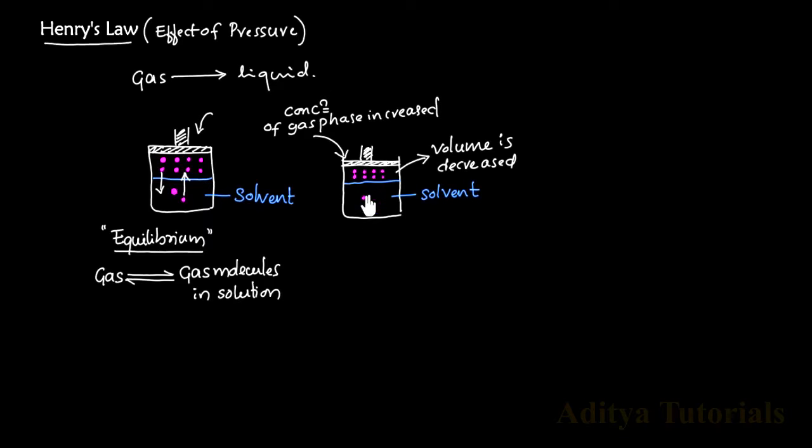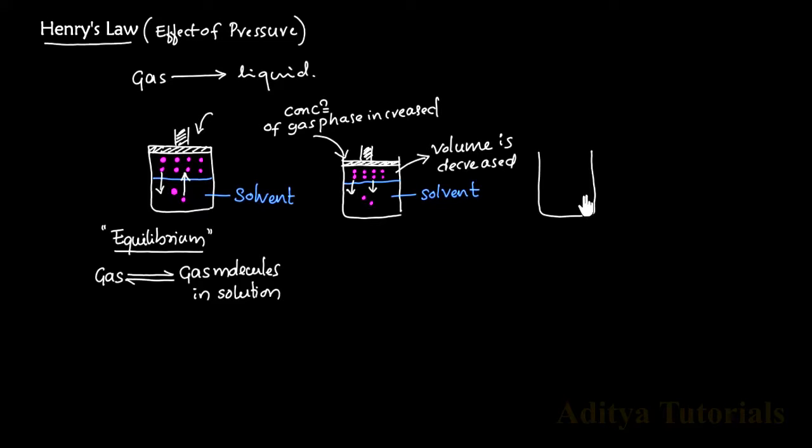Now see what is happening here. When these gas molecules are near to each other and also near to the surface of the solvent, they start interacting with the solvent, and the gas molecules get dissolved in the solvent. And by that we get one more illustration here.